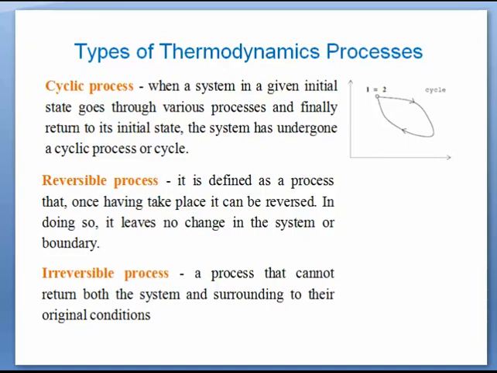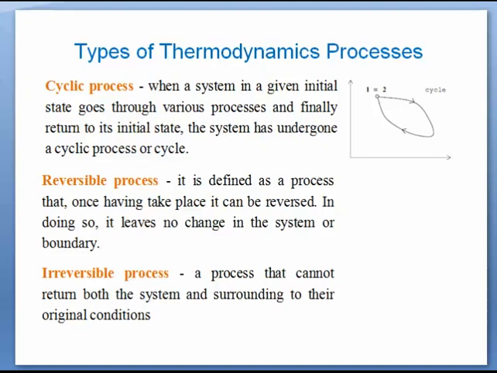The generation of steam and its conversion again into condensate or liquid form, or rather you can say the conversion from liquid to vapor and again from vapor to liquid, is a reversible process. It can be assumed as a reversible process.